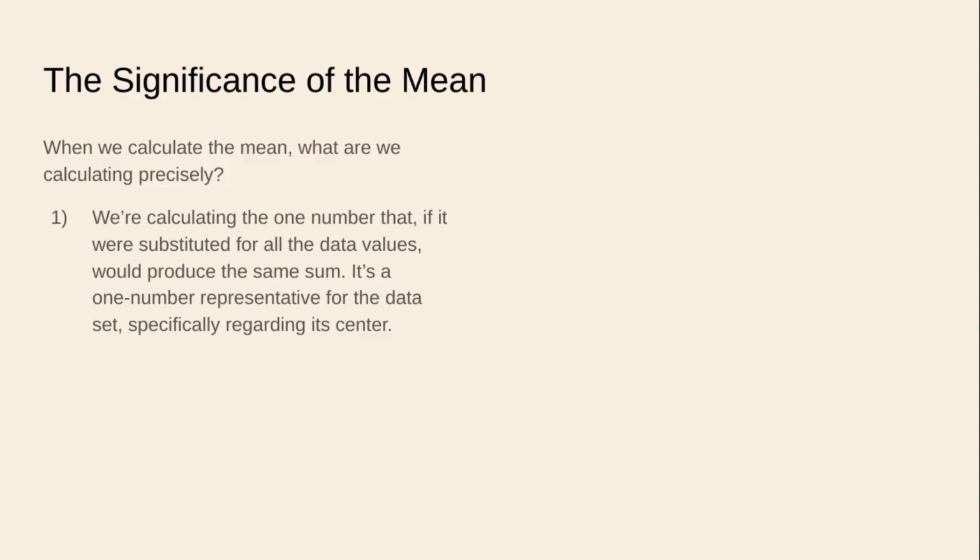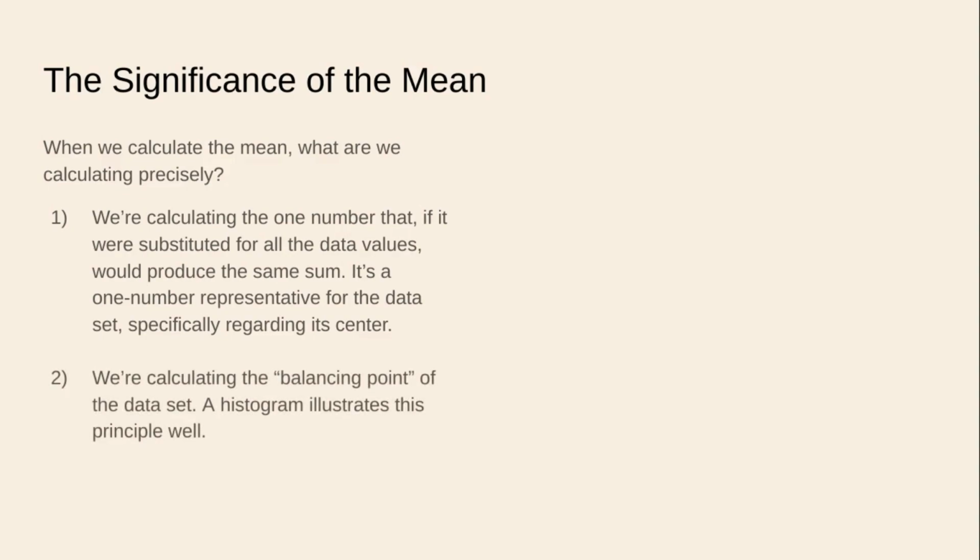We saw that 22 was the mean of our data set. That means that if I replaced all 25 of those values for the numbers of bugs those campers caught with the number 22, it would have the same sum. So 22 is, in a sense, a one number stand-in for each data value. It's a one number representative, if you will. And that's why it's a good measure of center.